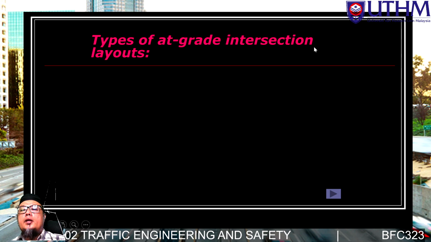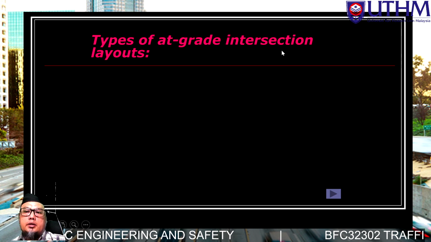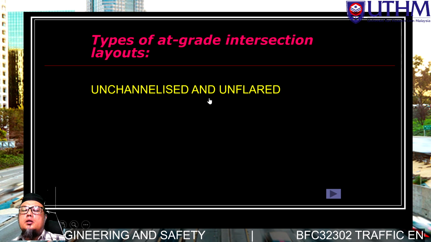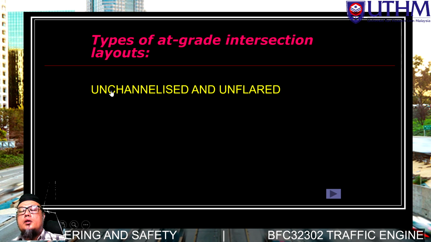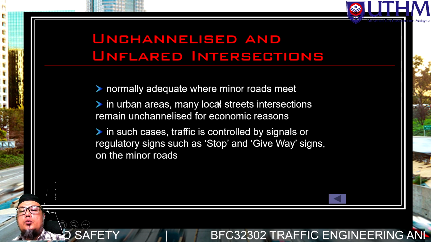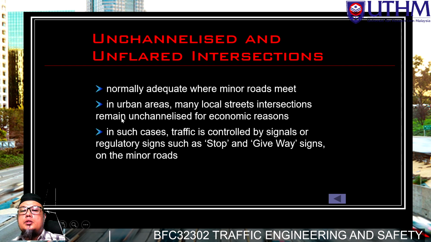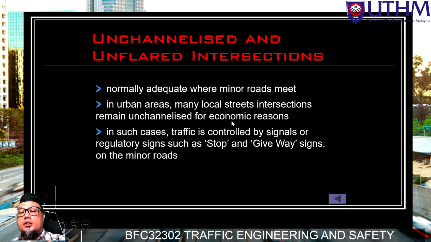Okay, types of at-grade intersection, similar to priority intersection. The at-grade also has typical designs. First, they have the unchannelized, unflared type. Normally adequate for a minor road, mainly in urban areas. Many local street intersections are unchannelized for economic reasons.